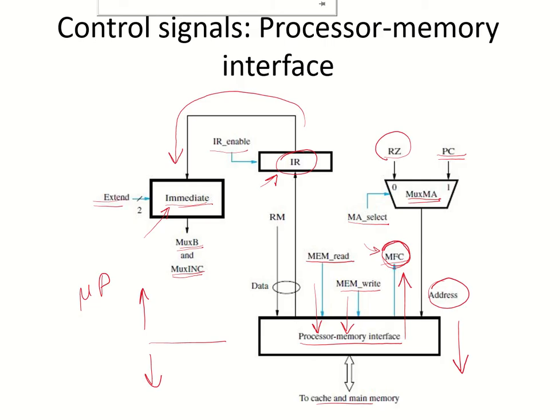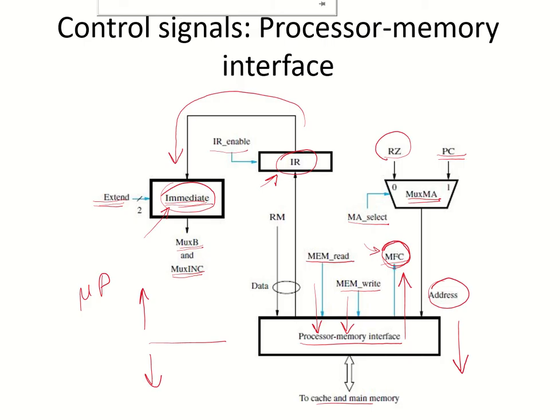There is an extend control signal over here which can extend this immediate value to 32 bits. Currently it could be of 16 bits, so it will be extended to 32 bits by padding it with zeros if it is required for a logical operation, or sign bit extension will be done if it is an arithmetic operation, or there is a possibility that it will remain as a 16-bit value.